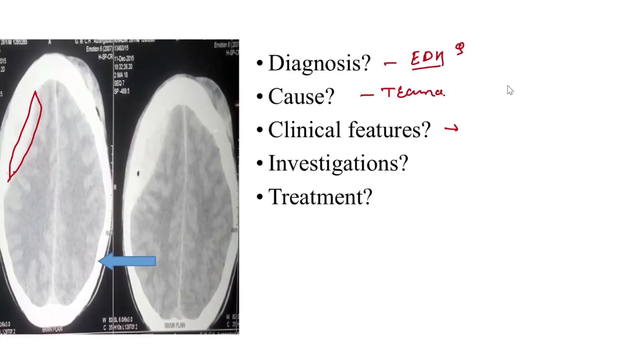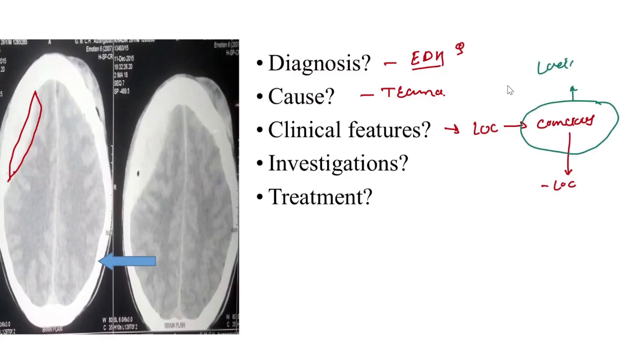The special feature in EDH is that initially the patient has loss of consciousness, then becomes conscious, and again rapidly deteriorates and loses consciousness. This interval is known as the lucid interval.